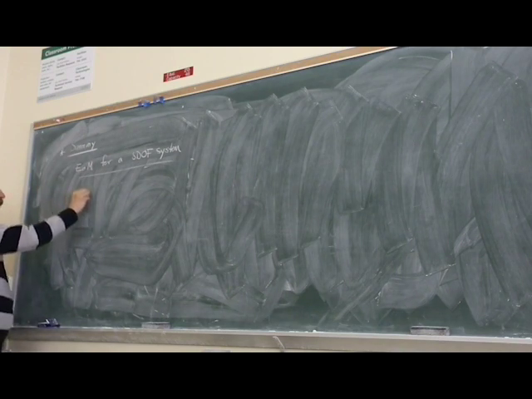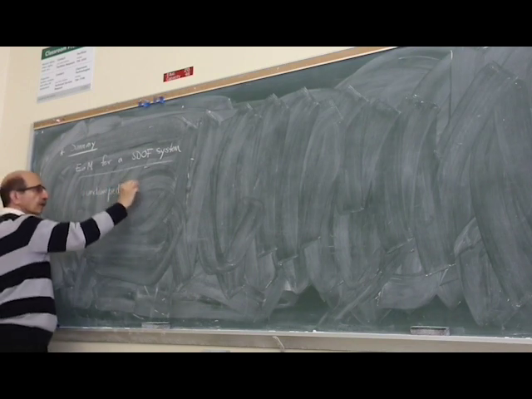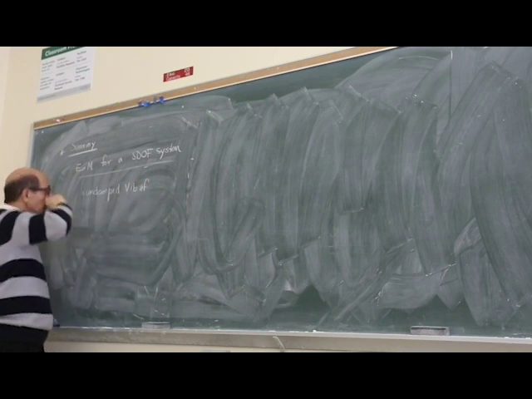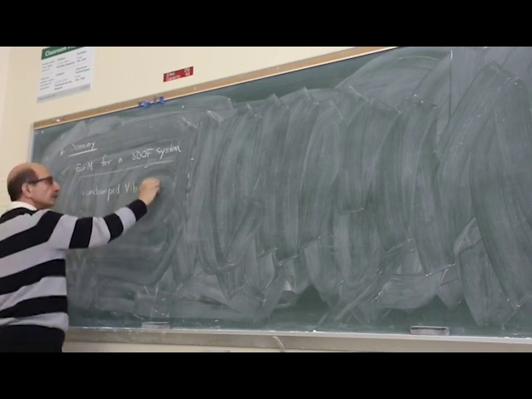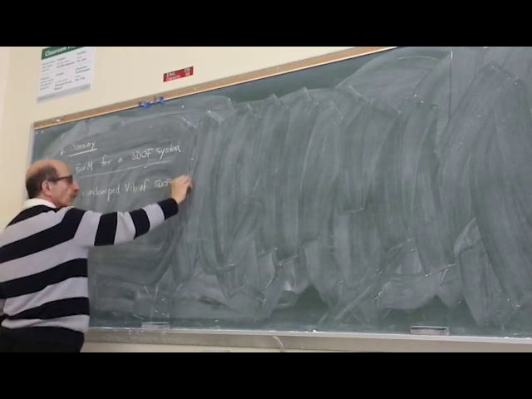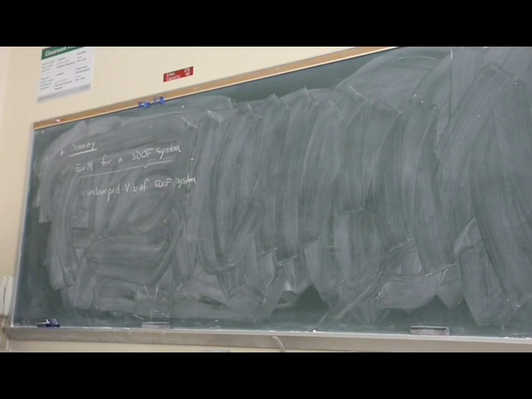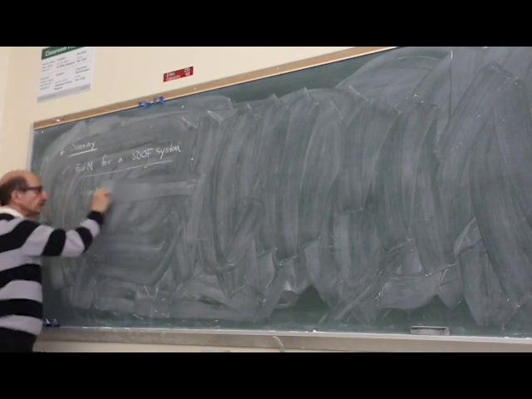Undamped vibration of a single degree of freedom system, or undamped single degree of freedom system. So it would be free vibration. Okay, so let me actually write it this way, would be better.